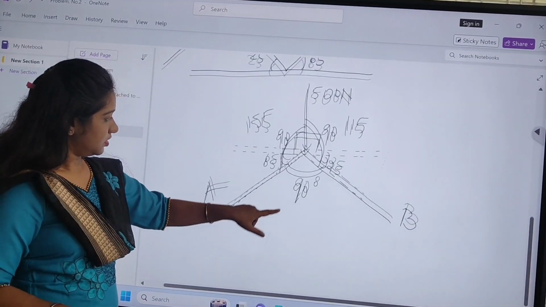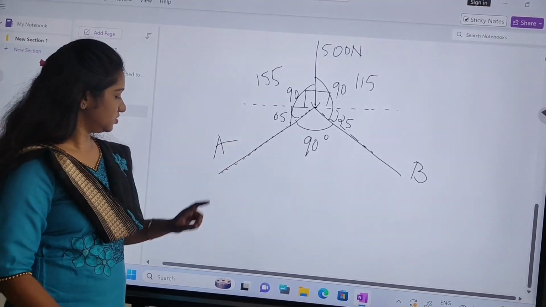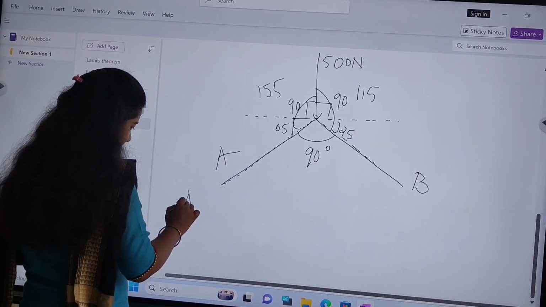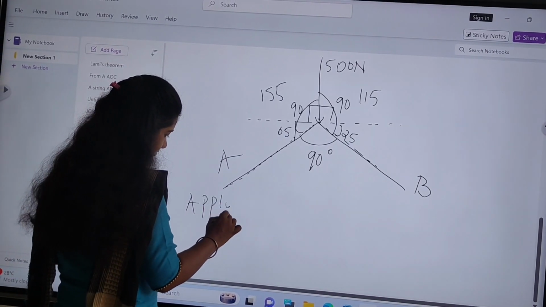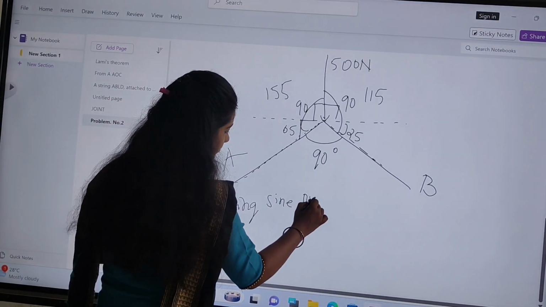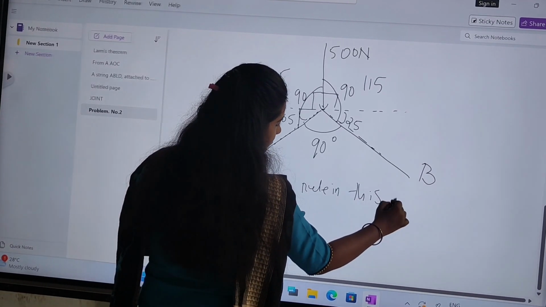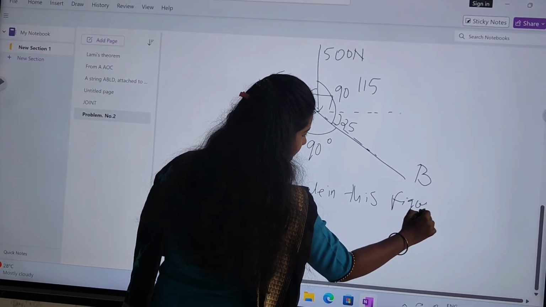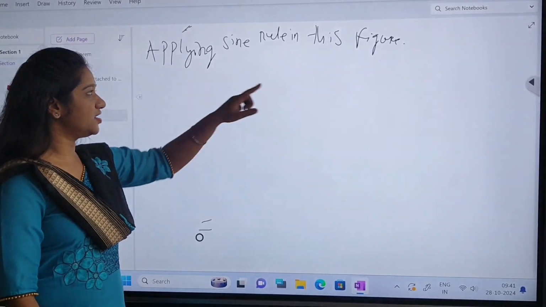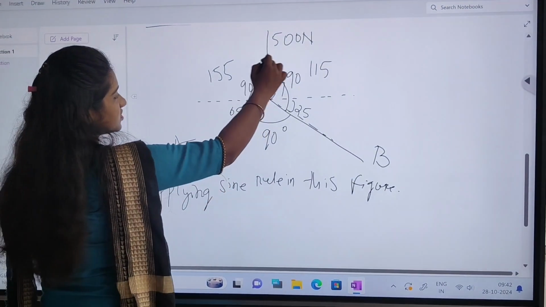Next, we apply Lami's theorem or sine rule in this diagram. Applying sine rule in this figure. So this side is proportional to this angle.